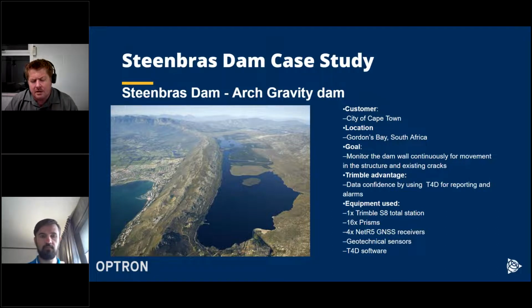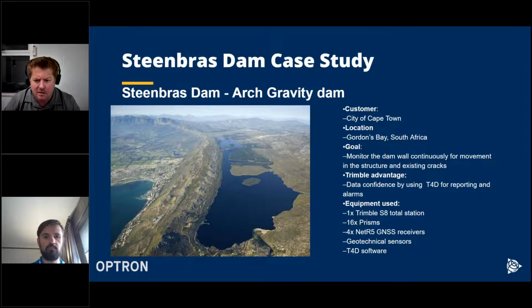The Trimble advantage in this is that we get data confidence by using T4D for reporting and alarming. And then the equipment we use, because this is a demo system for us, you'll notice there's some older equipment here, because we tend to use what we have.